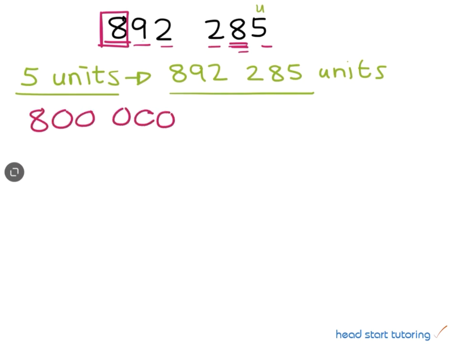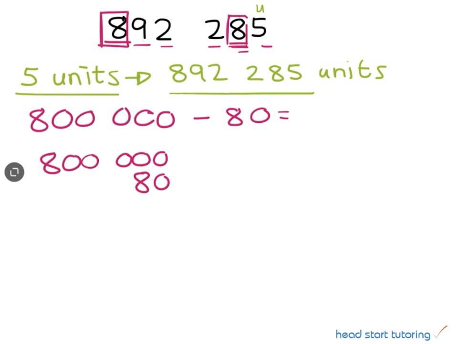And the difference means that we are minusing. And the value of the 8 on the right is 80, or 8 tens. So we can then work that out, and then we get our answer. So 800,000 minus 80 to find the difference.